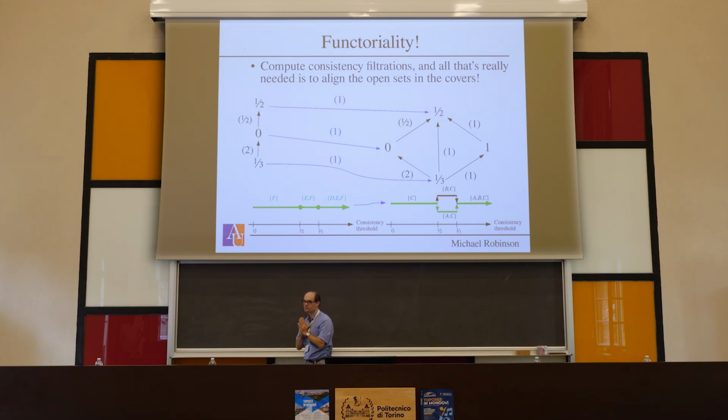What does this mean? This means that if I want to compute consistency filtration for a very elaborate, large system, I can do it in parallel. I can build it in little pieces and then include together and sew those pieces together.